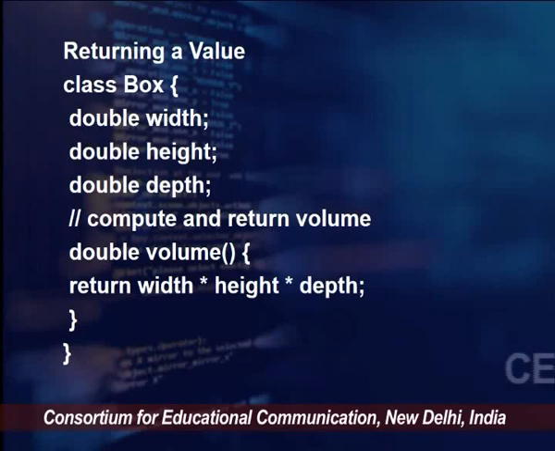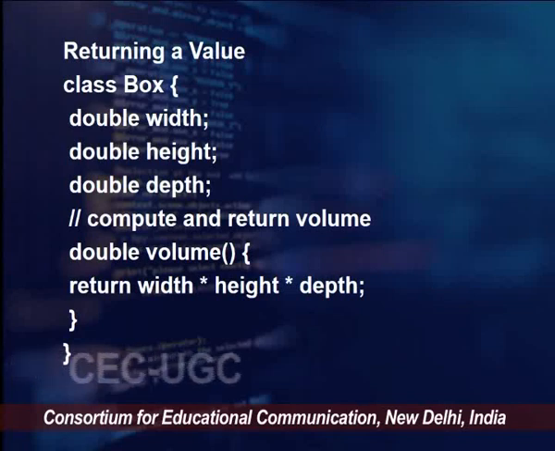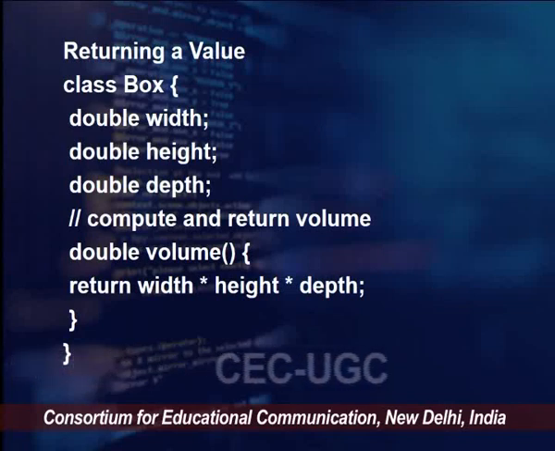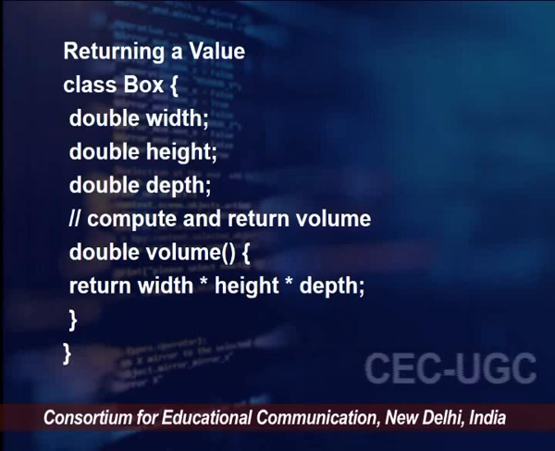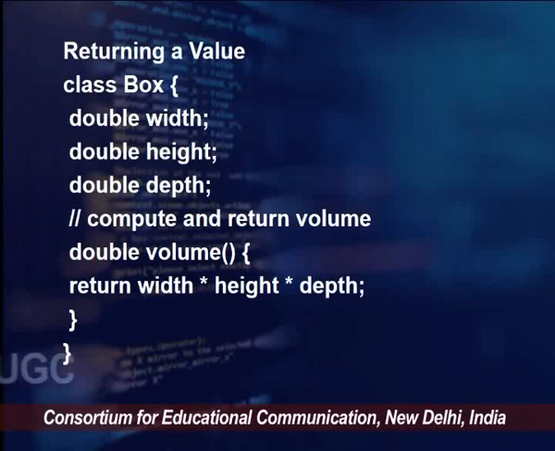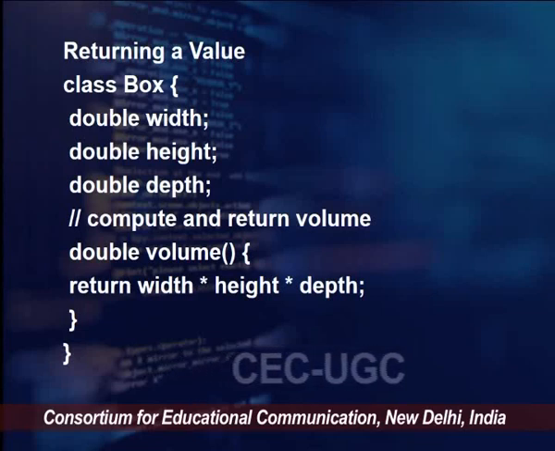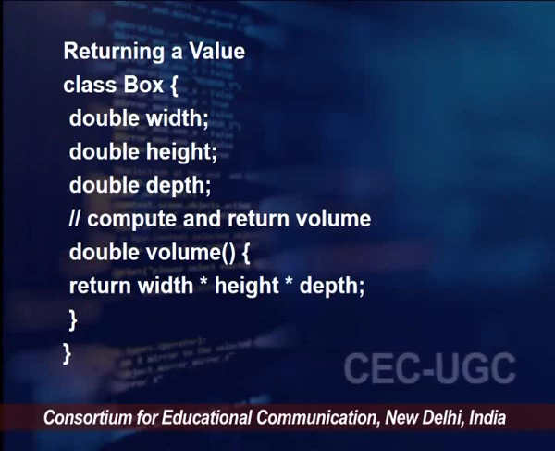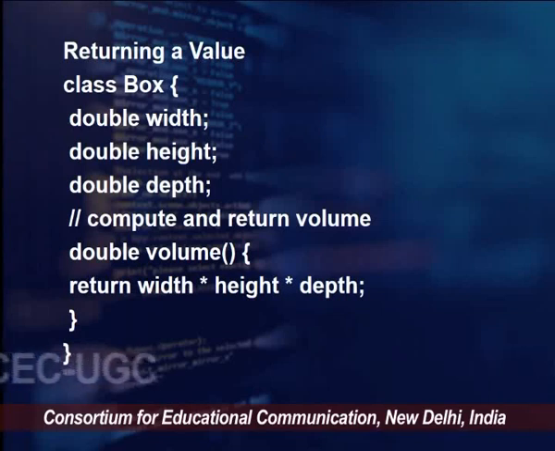Instead of void, it is going to say double, which is the type of the value which we are going to make it return, and then return width * height * depth. The multiplication of these three double variables will be a double, and that double type value will be returned.